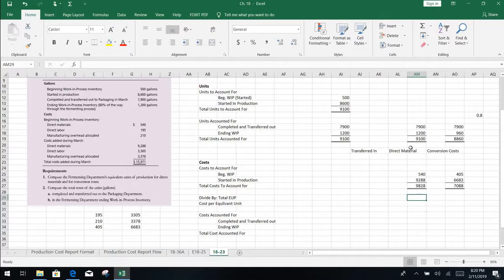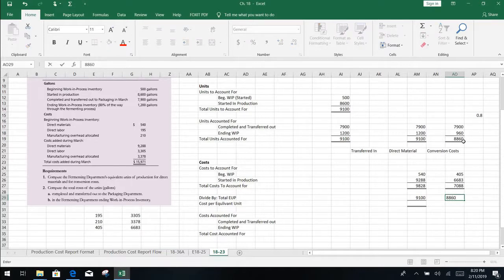So I like to just stay in my lane right there and it gives you the correct answer. So divided by 9100. Okay. We're going to need to get a sum. So let's get the format. This is going to be divided by 8860. Okay. Let's get the format.